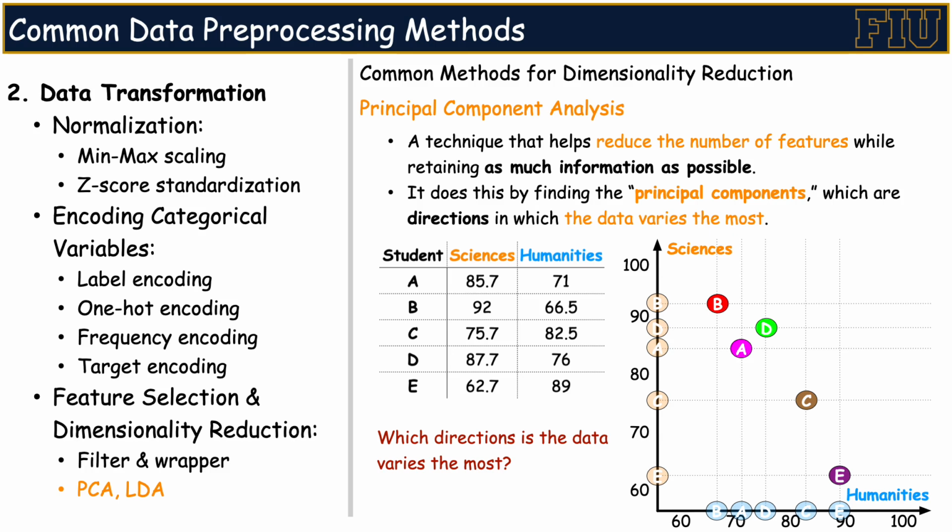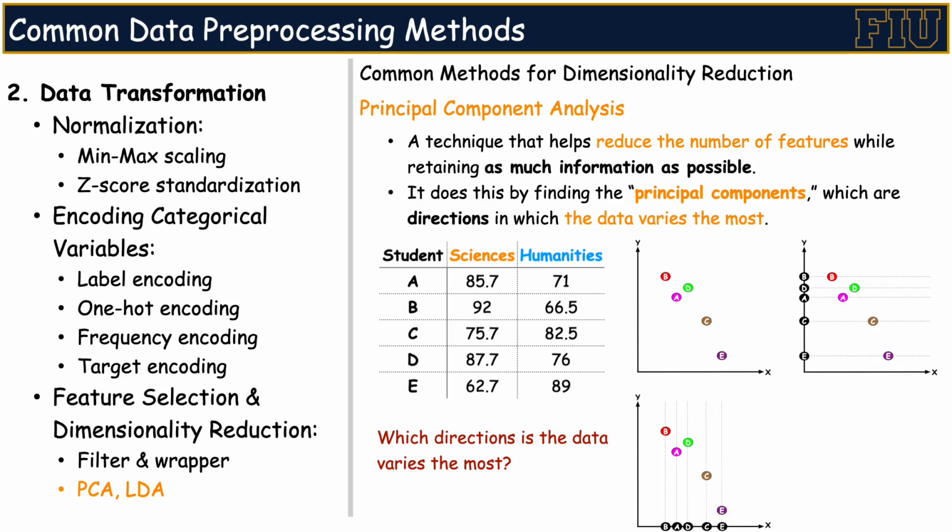Each data point is plotted in this space based on its scores, showing its position in the feature space. If the dataset had 3 features, we'd use a 3-dimensional coordinate system, and with n features, it would be an n-dimensional space.